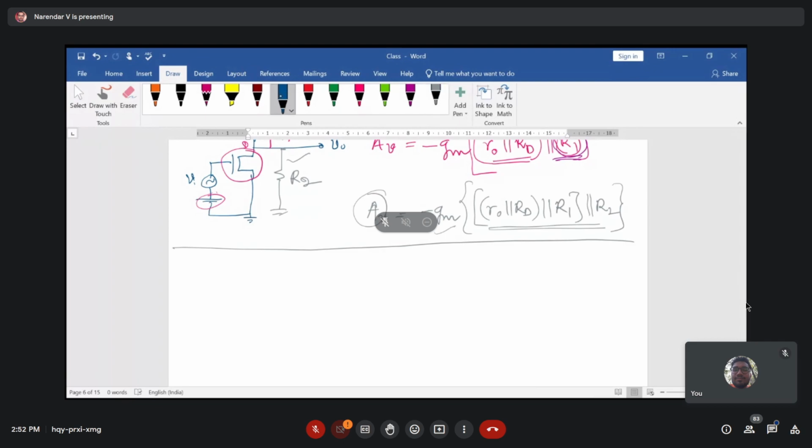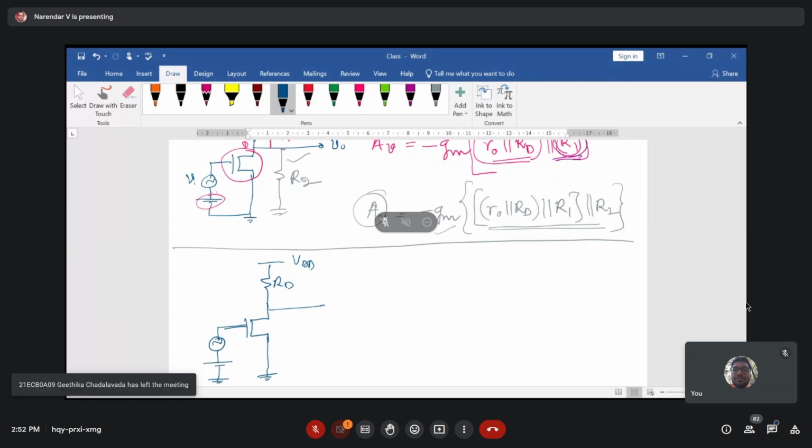Quickly let me draw this. This is VDD and this is the RD resistor, and this is your V0.